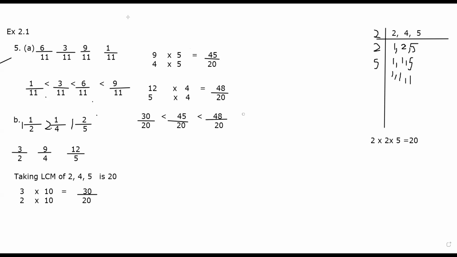Now, my dear student, what do we have to do now? We just write the original form. So we can write 30 upon 20 as 3 upon 2. And then after that what can we write? We can write 9 upon 4.